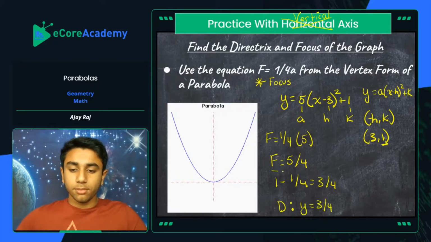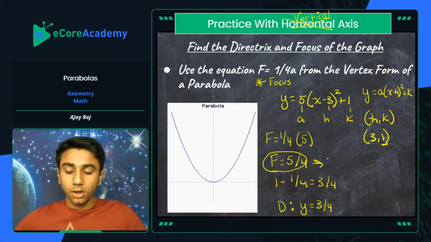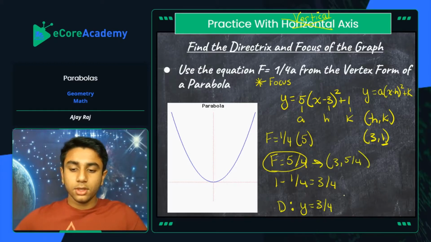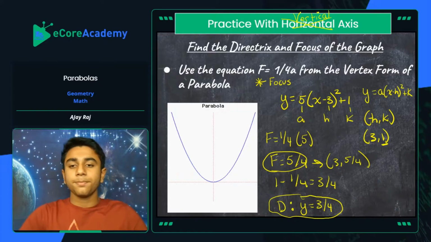So those are our answers. Our focus would be 3, 5/4. And our directrix would be y equals 3/4, because it's a line. And the focus is a point.